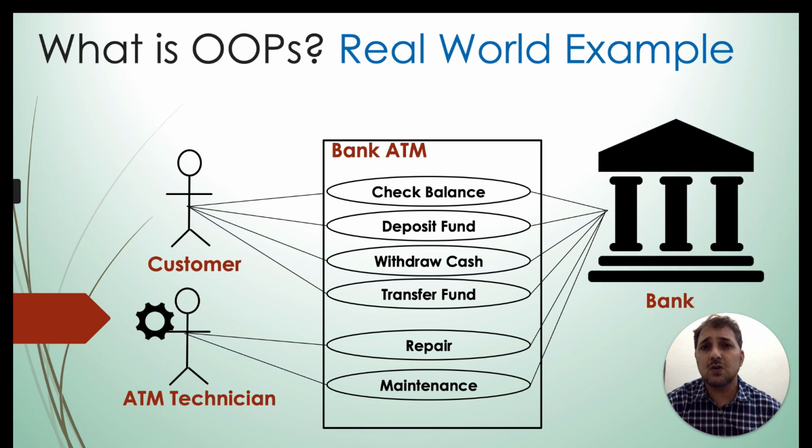Okay, so the objective of object oriented programming is that we need such a programming style that actually covers the real world activities that can really represent what we are doing in our daily life.